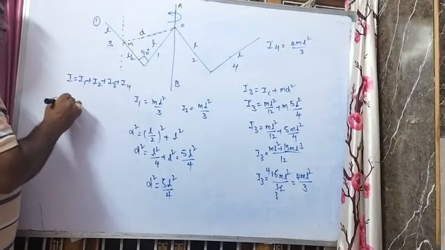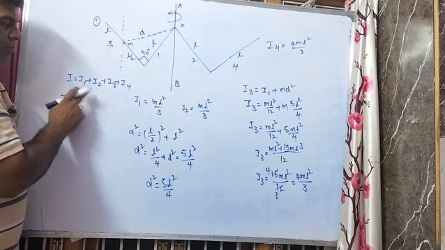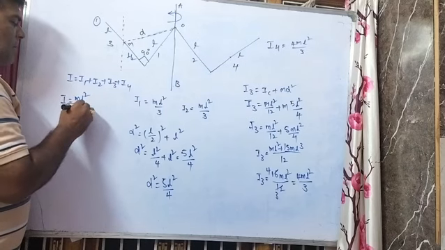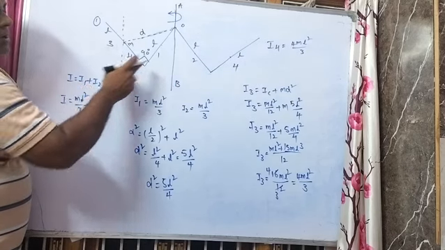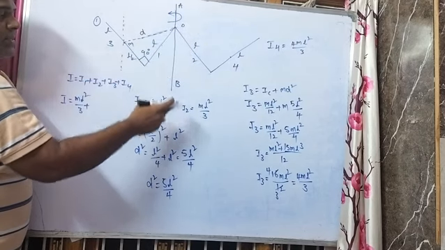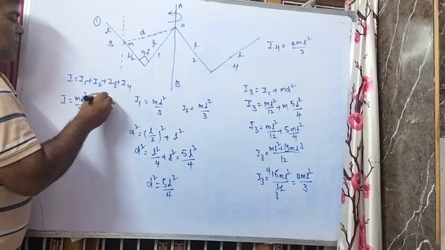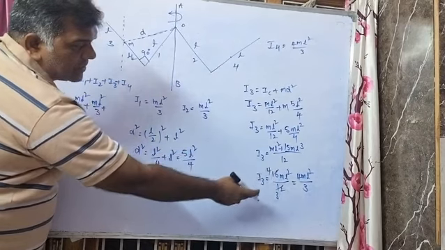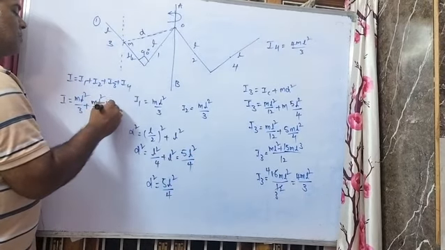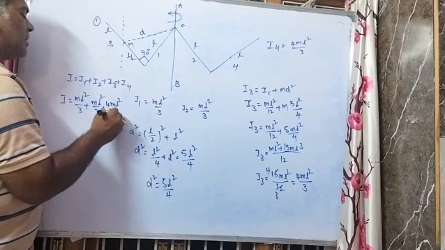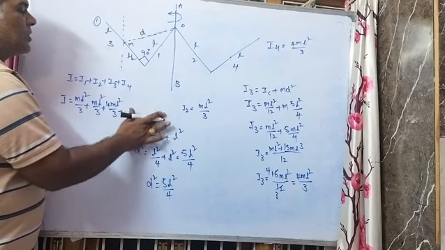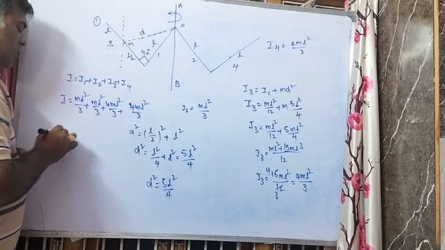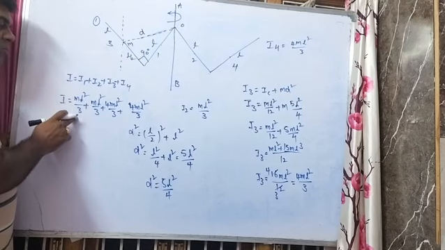I1 is ML square by 3, plus the second rod with respect to the AB axis ML square by 3, plus I3, which is 4 ML square by 3, plus I4, also 4 ML square by 3.